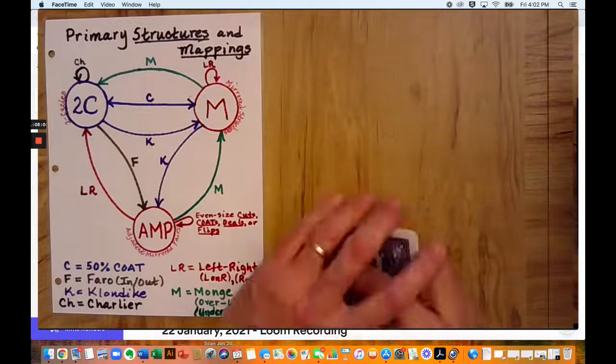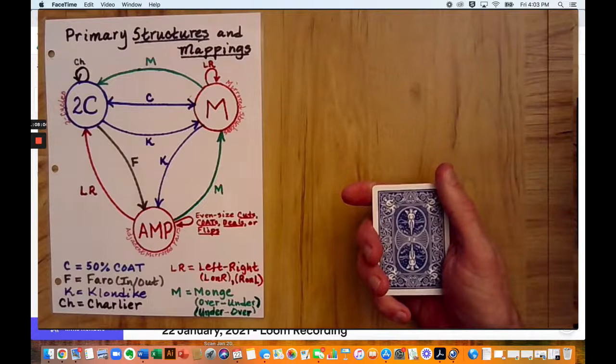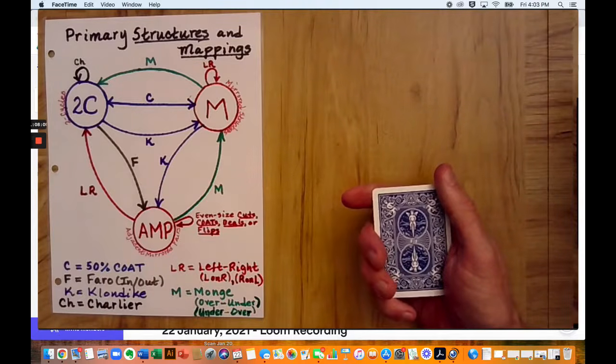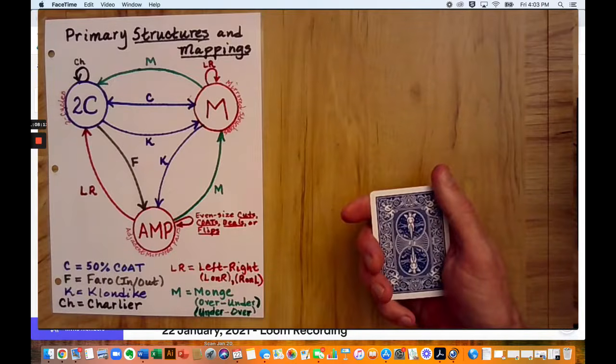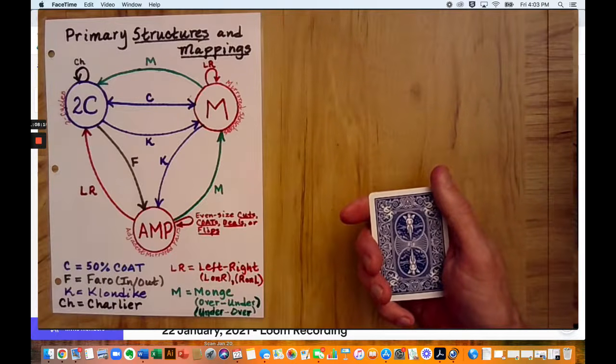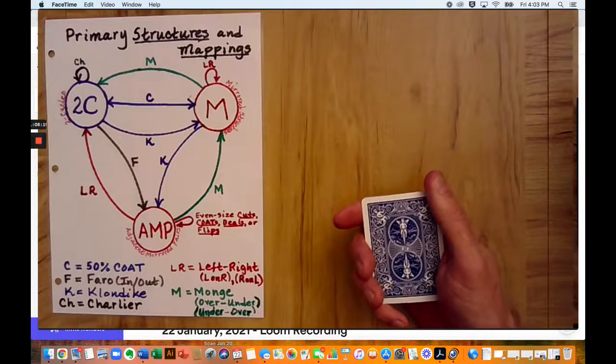A Charlier 1 is where you just move one card at a time. Now, it's not as sloppy and maybe as convincing as a traditional Charlier shuffle, but boy, it still looks like you would have to be a genius to keep track of where things are.